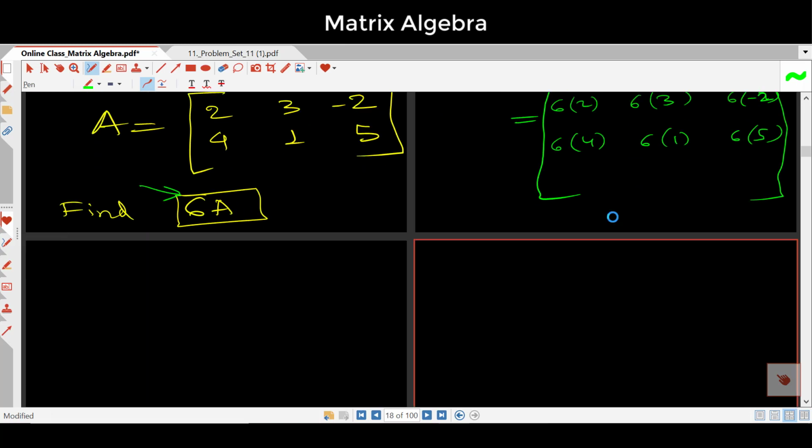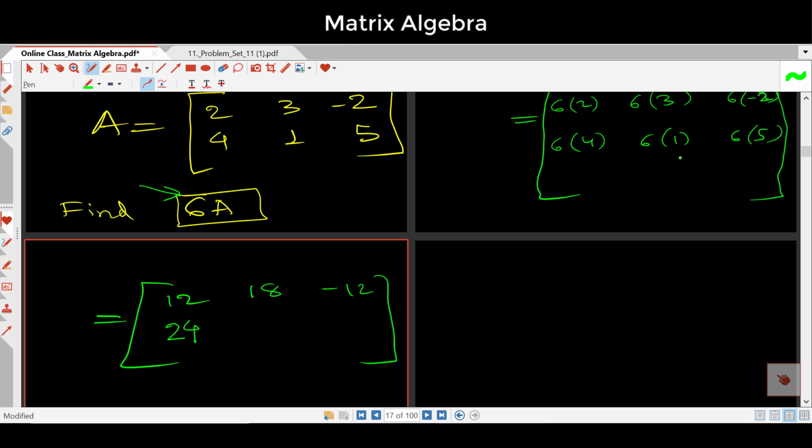So we are going to have 6 times 2, that is 12, 6 times 3, 18, 6 times minus 2, minus 12, 6 times 4, 24, 6 times 1, 6, 6 times 5, that is 30. So this is 6 times A.